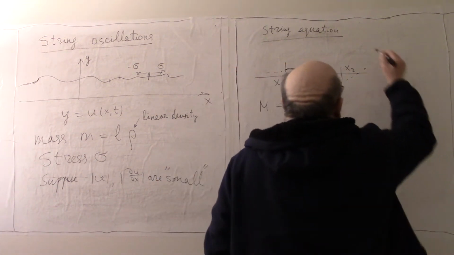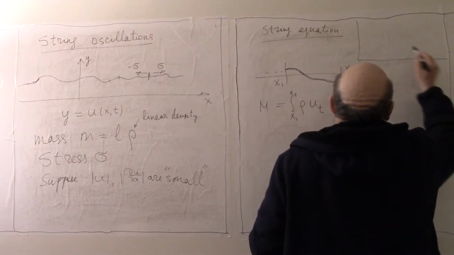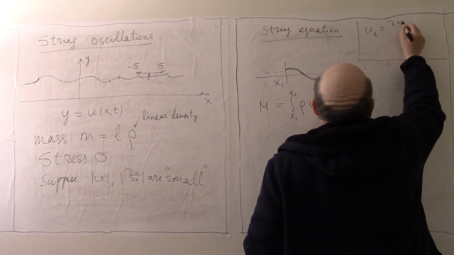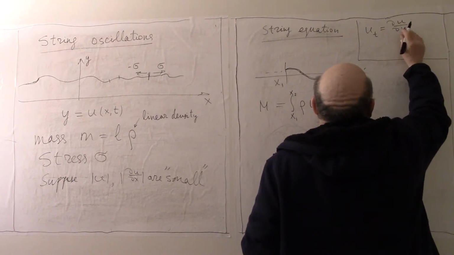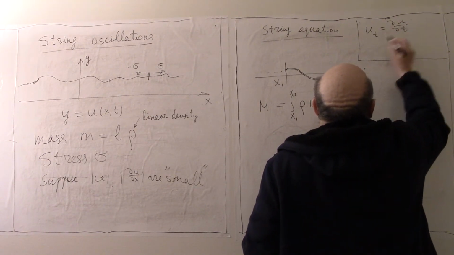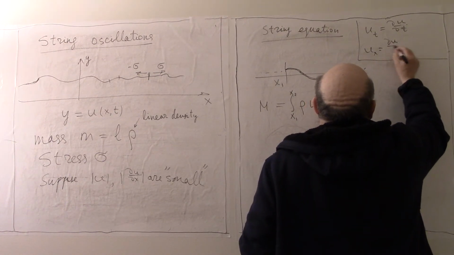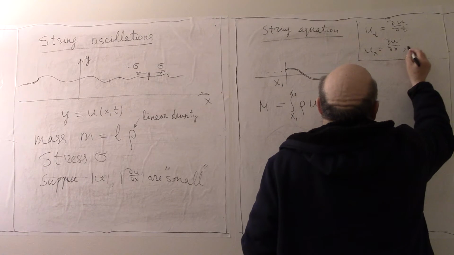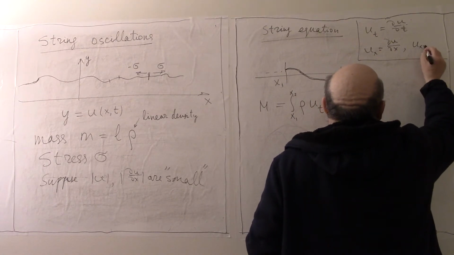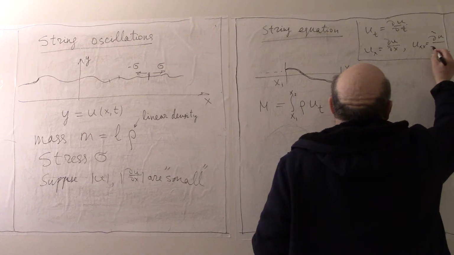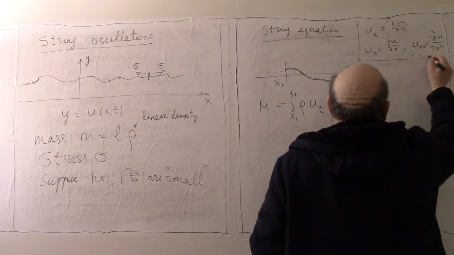You know these notations, I'm sorry. u_t equals du/dt, u_x equals du/dx, u_xx equals d squared u/dx squared, and so on.